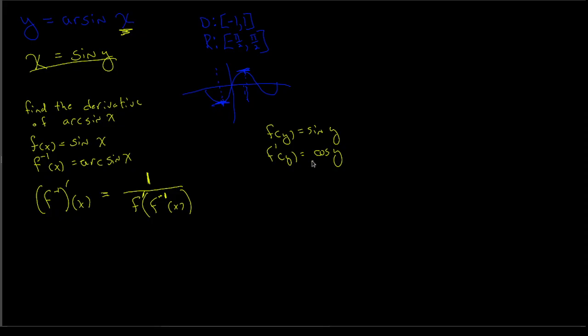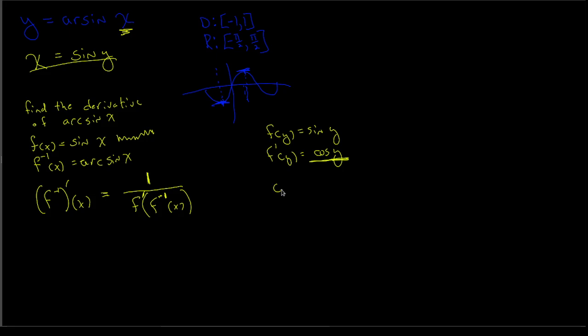And now we want to actually play a game with this, where we're going to have this relationship appear back to us. We're going to want to see the sine function come back. And so what the book hints at is using the Pythagorean theorem.